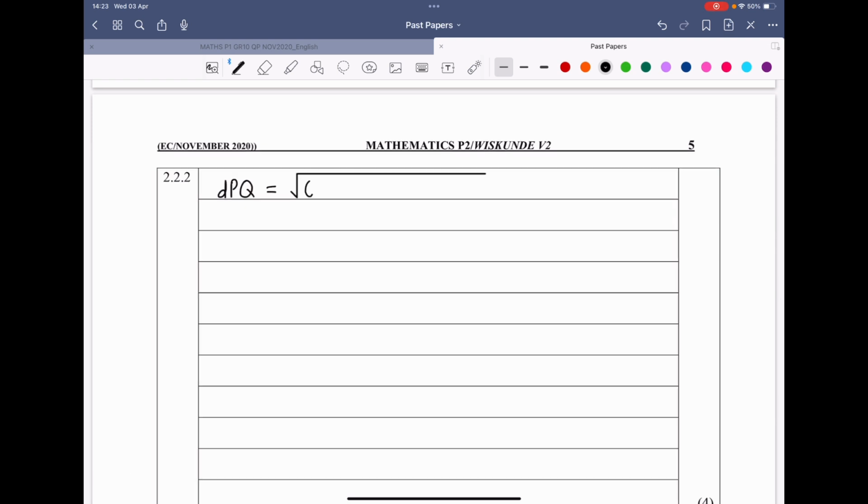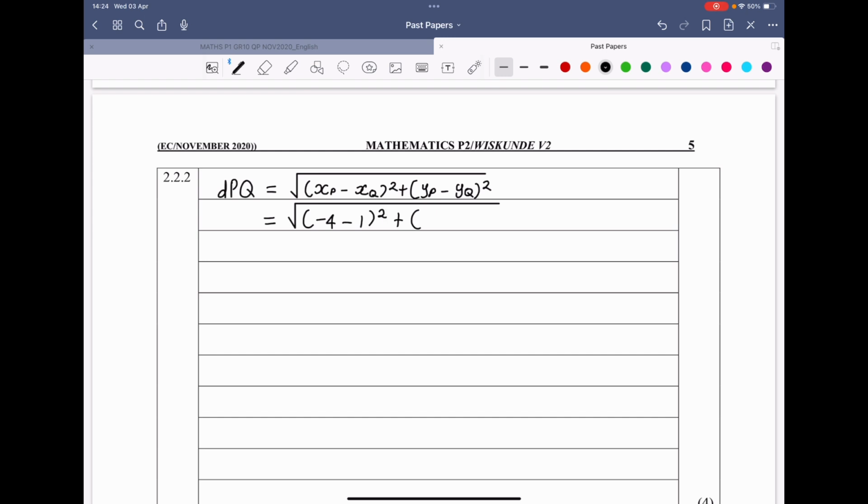And I'm going to say the distance PQ, that's the same as the length, is equal to the square root of x of P minus x of Q squared plus y of P minus y of Q squared. Alright, so the x coordinate of P we found was -4, and then the x coordinate of Q is 1, so -5 is squared.